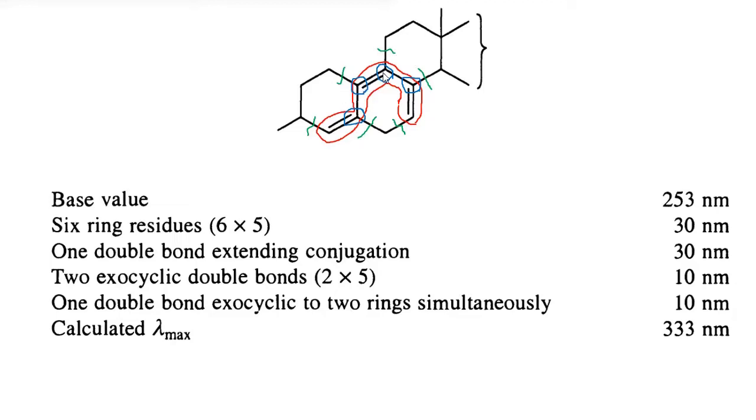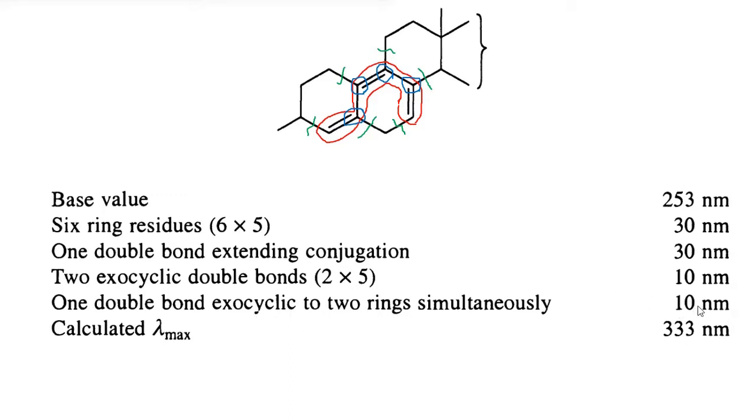And so 2 into 5. It is marked in blue circle. You can see this blue circle is for the exocyclic double bond common to this ring and this ring. So this double bond will contribute 2 into 5, that is 1 double bond exocyclic to 2 rings simultaneously.